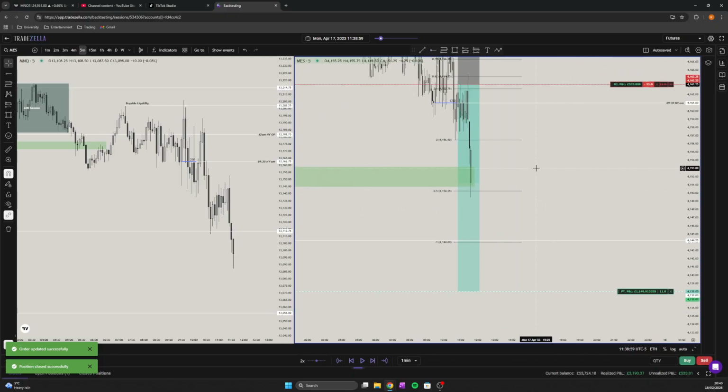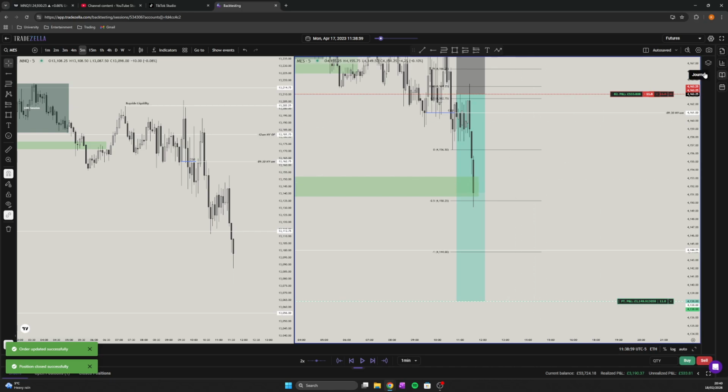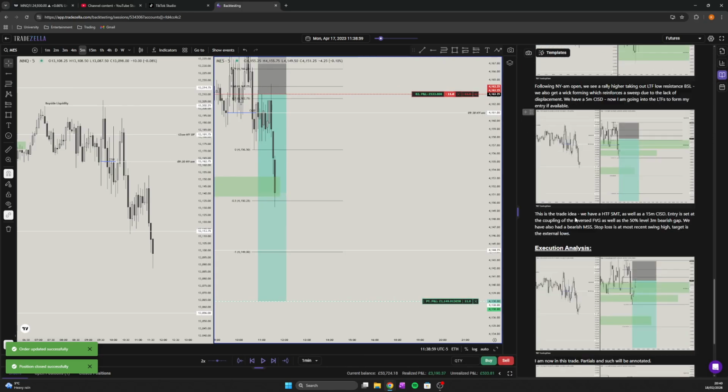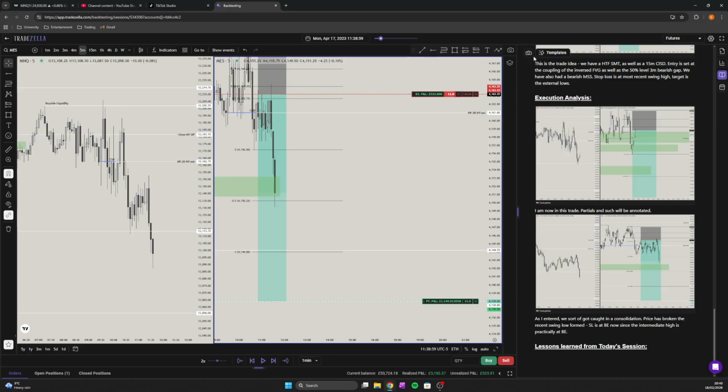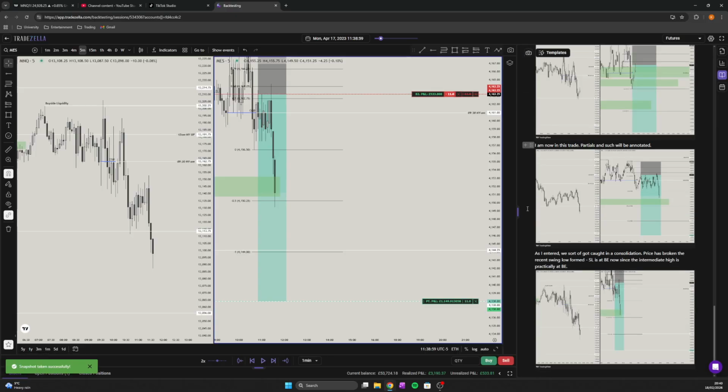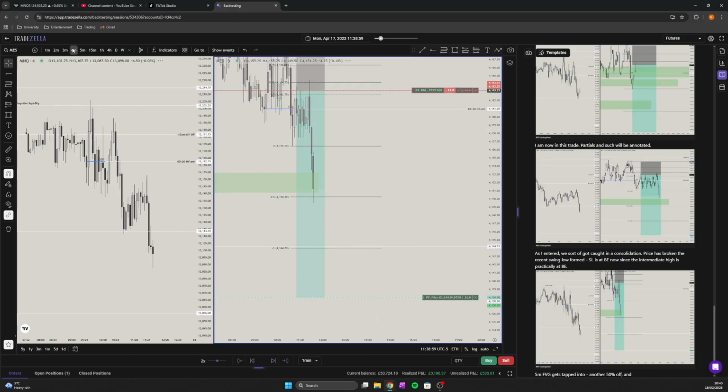We've got a long way to go. So we have the 5-minute value gap tapped into, another 50% off, and let's see if we can move our stop loss anywhere.